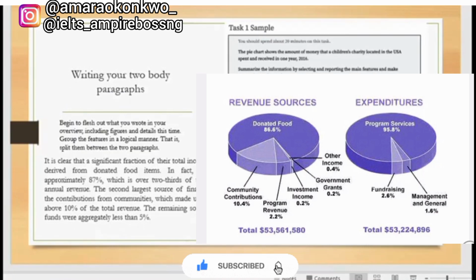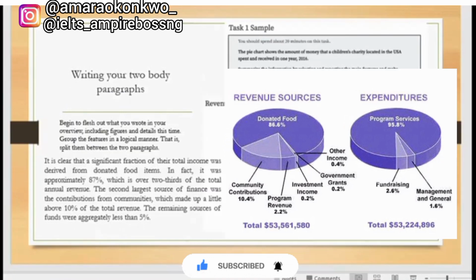Now, this is the interesting part, the body paragraphs. Remember, I told you, I'm just talking about whatever information is being given to report on. You can as well logically split the features you want to talk about between the two body paragraphs.